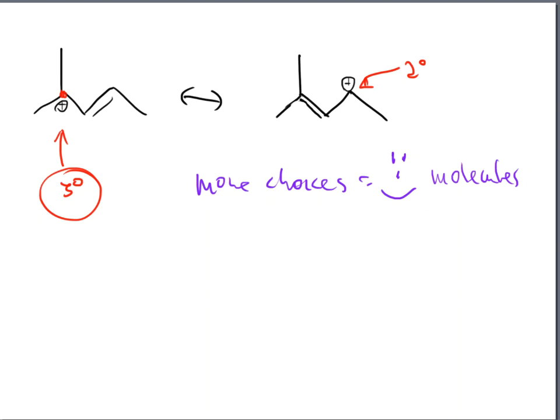The more choices we give you, the happier you become. I mean, just look at banks and hair salons. That proves it right there. More choices, the better. Everybody seems to be happy. So the more resonance, the more delocalization happens, the happier the molecule as well.